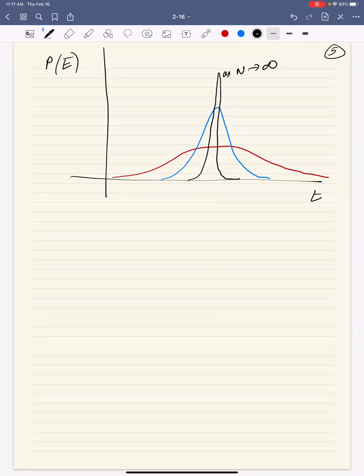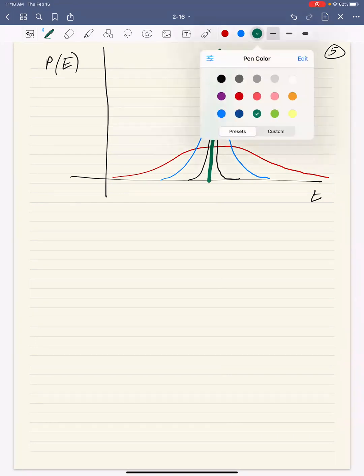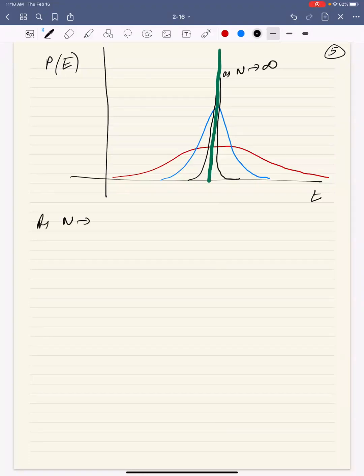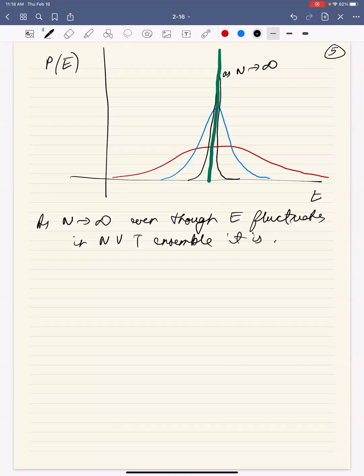In fact, at the very end, it will just look like a delta function, which means that as n tends to infinity, even though E fluctuates in the NVT ensemble, it is really close to E bar almost all the time.